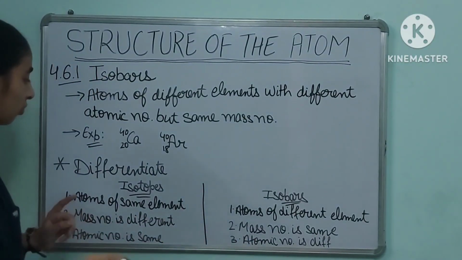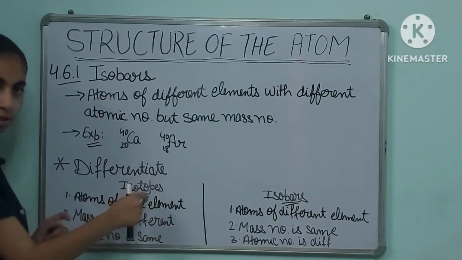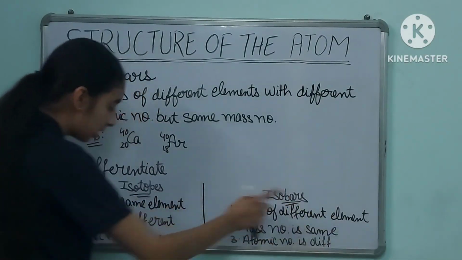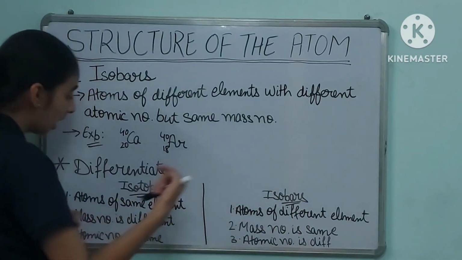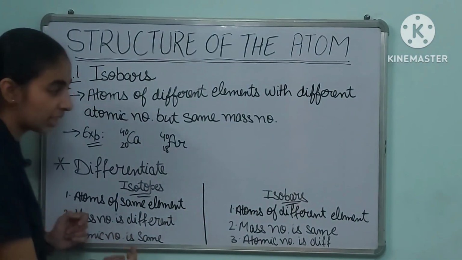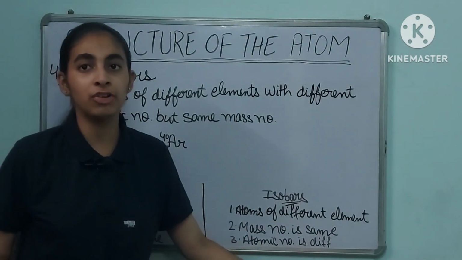Vice versa, you have two atoms of the same element in isotopes, and in isobars, atoms of different elements.